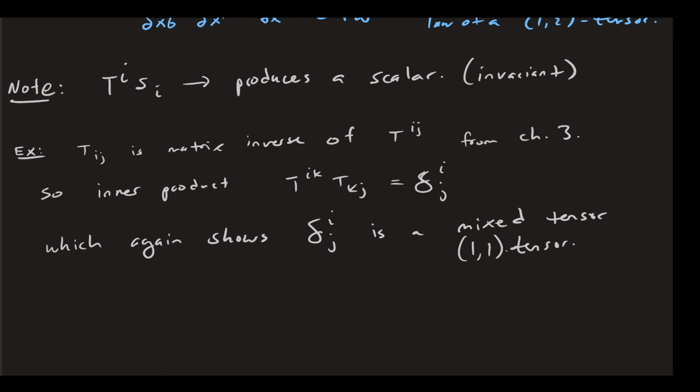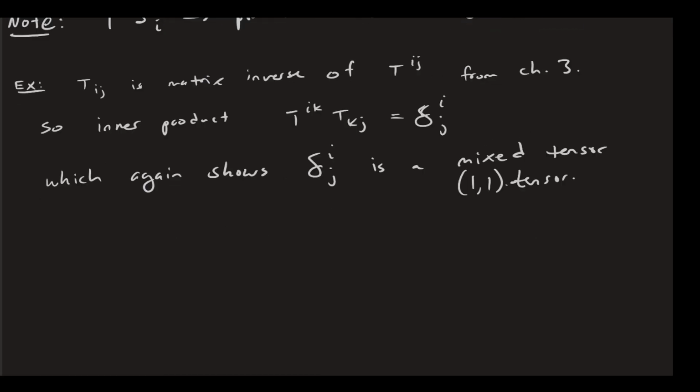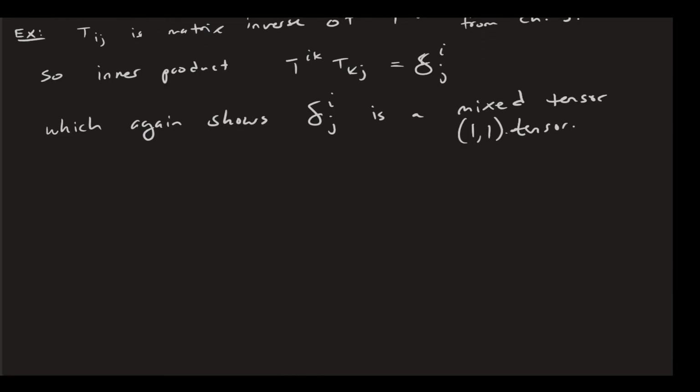So cool. Now, one more thing that we can do with tensors. I mean, there's plenty more stuff that we can do with tensors, but the last one I really want to focus on is something called contraction. If we repeat an index in the same tensor, one up and one down, then we produce a new tensor, and we call that a contraction.